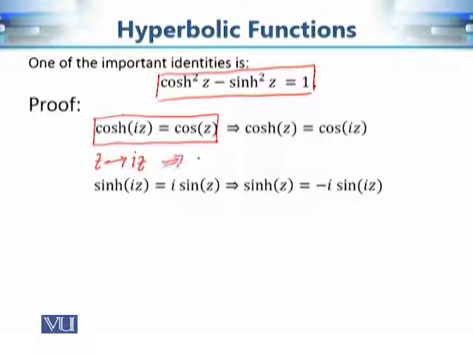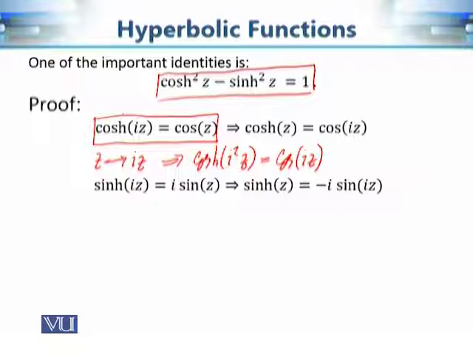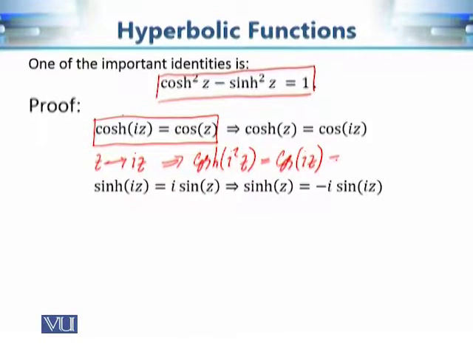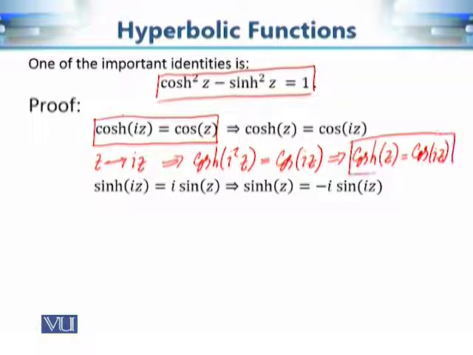So this implies cosine hyperbolic iota square z is equal to cosine iota z, and we know that iota square is -1 and cosine hyperbolic minus z is equal to cosine hyperbolic z, so cosine hyperbolic z is equal to cosine iota z. So we have derived this relation.